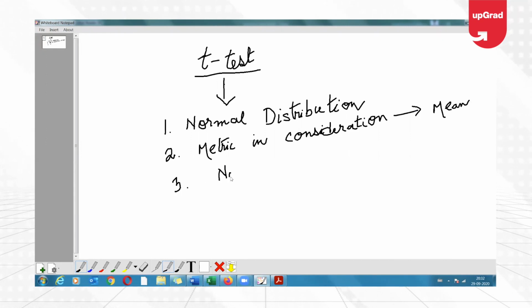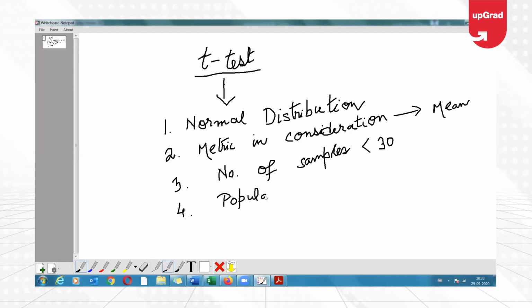In t-test, generally the number of samples is less than 30, and number four, when the population standard deviation is unknown.